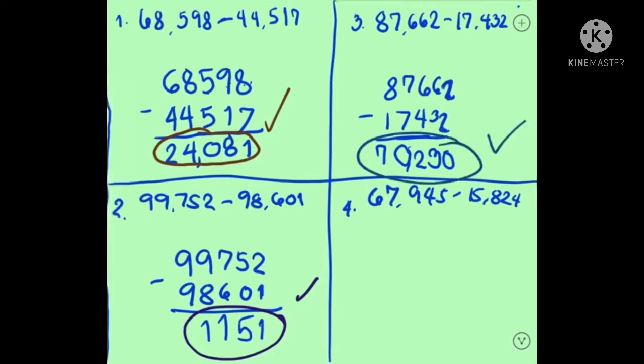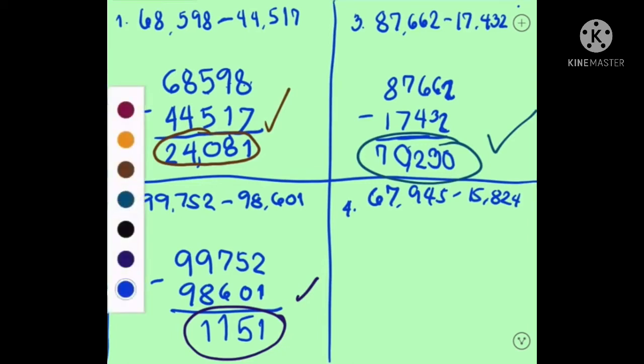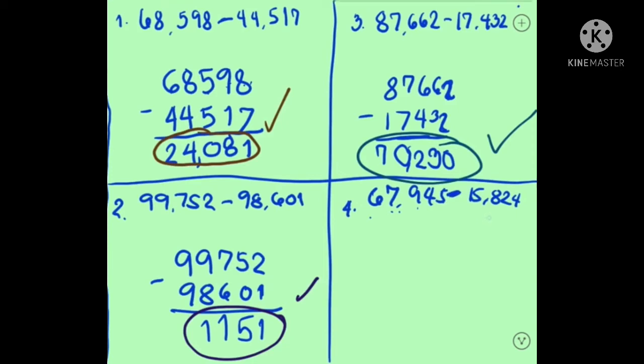Okay, last one. Last one we have here. Let us read first the problem. 67,945 minus 15,824.